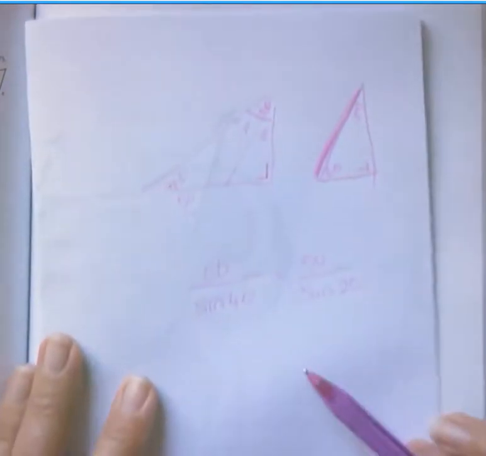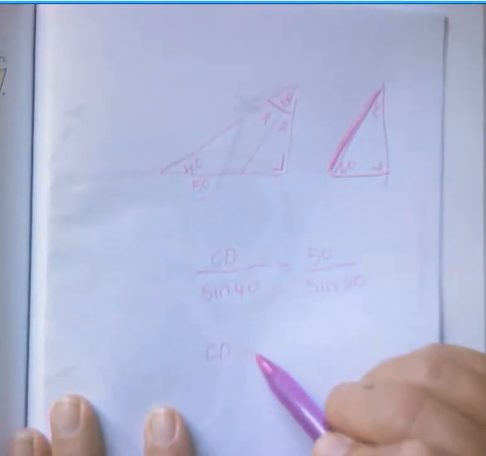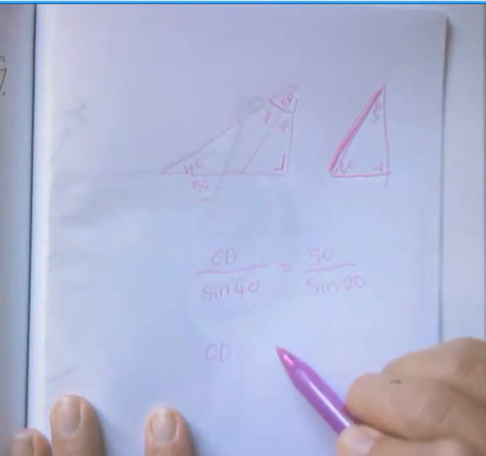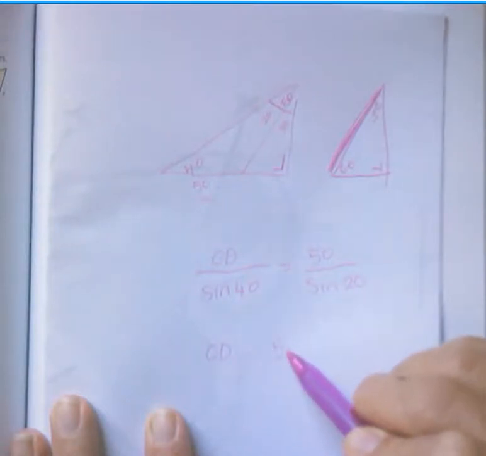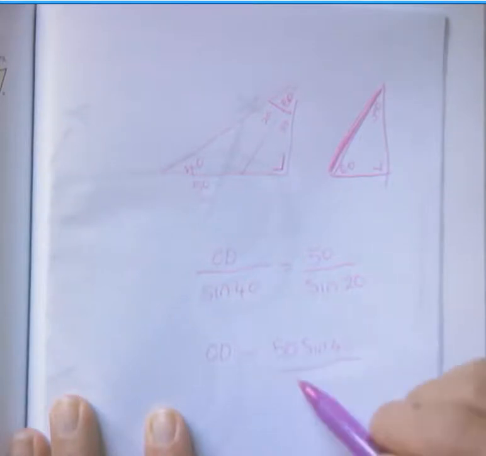So now we want the CD on its own. So we leave the CD where it is and we bring the sine 40 up. So you've got 50 times sine of 40 divided by sine of 20.